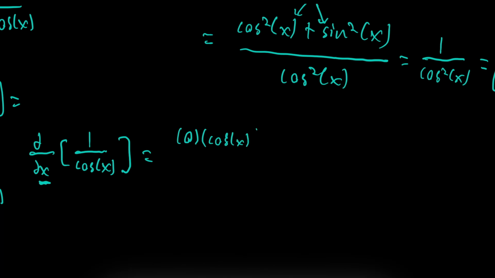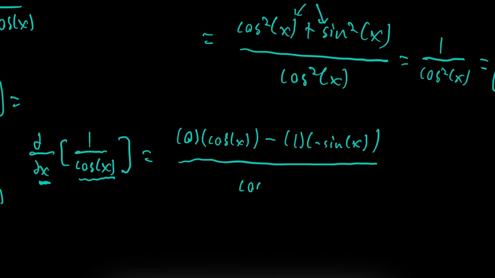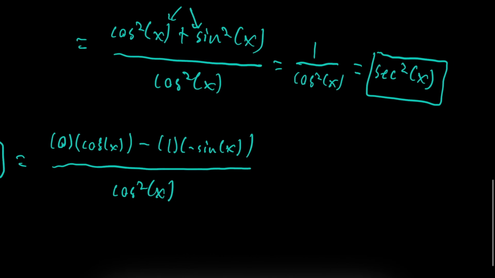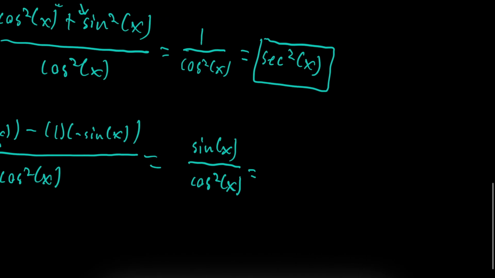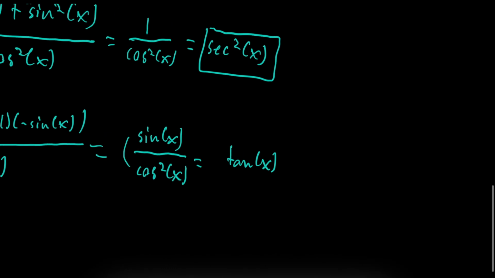This is going to be 0 anyways, but I'm going to write it anyways, times 1 times the derivative of cos of x here, right, is going to be negative sine of x over cos squared of x, which is going to be equal to, right, this cancels out because of the 0 here, which is going to be sine of x over cos squared of x, which you could write as tangent of x, right, sine of x over cos of x, times 1 over cos of x, or secant of x.